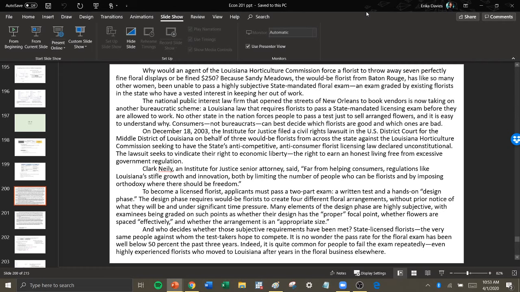Excuse me. Okay. So where do we get these laws? Who decides that we need to regulate businesses in such a way that only certain producers are allowed to exist within a market? We're going to be talking about the market for flower arranging.